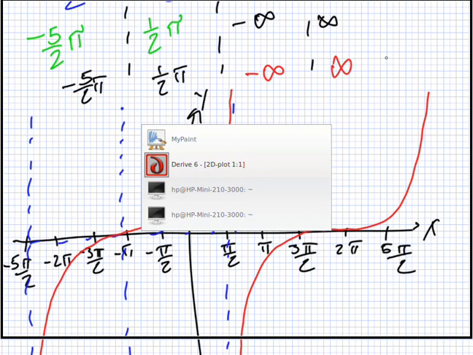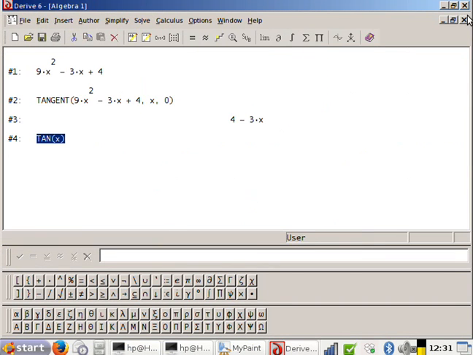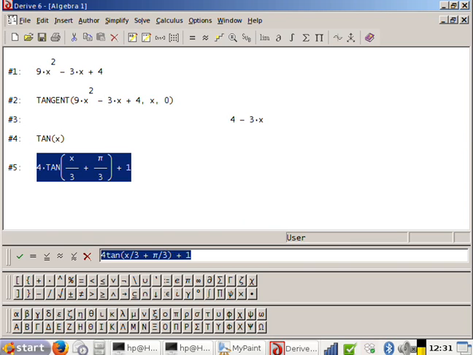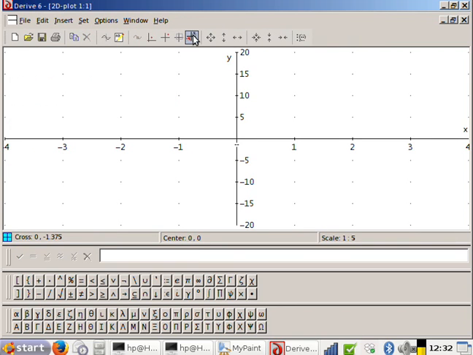Okay, let's have a look at this nice graph. So I should have 4 tan(x/3 + pi/3) + 1. I need to zoom out a bit.